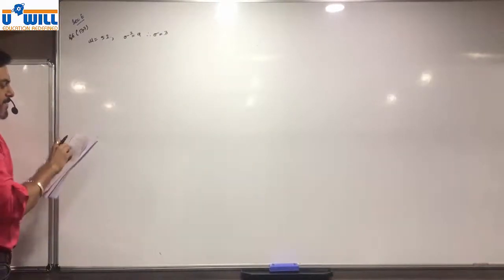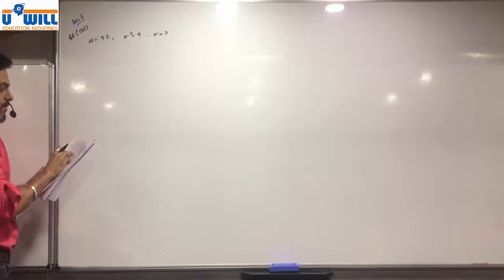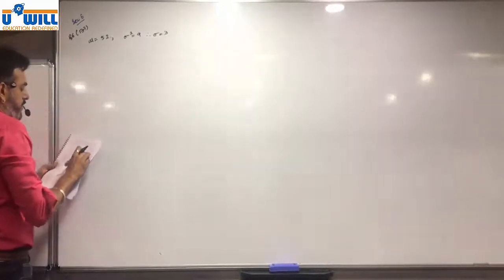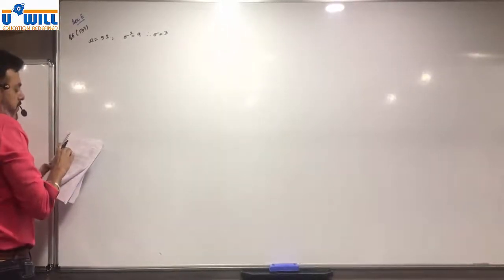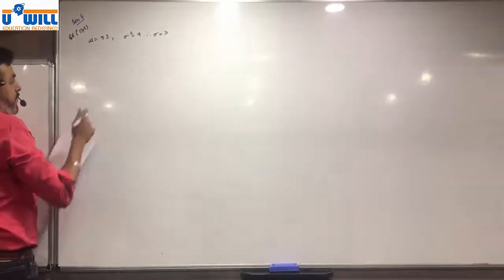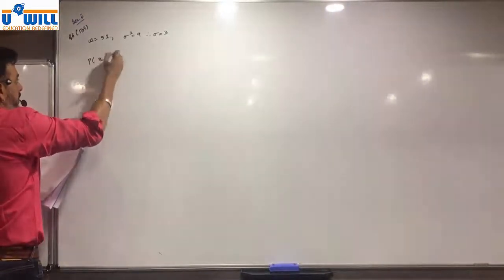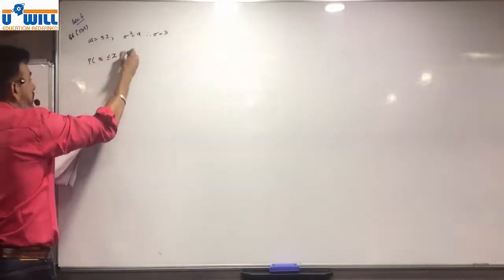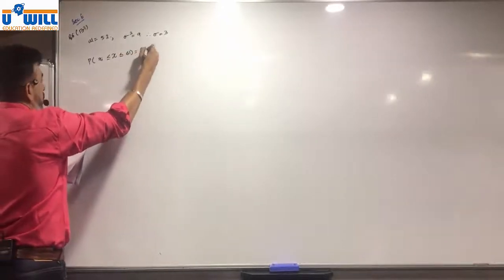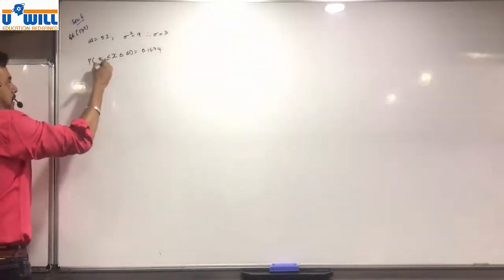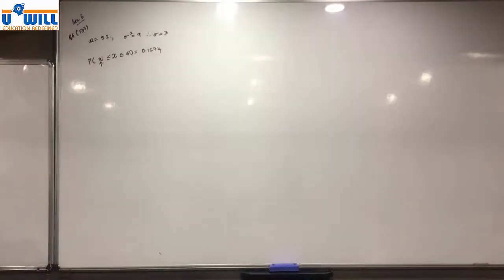The probability that the sale of electronic items during a week is from x1 units to 61 units is 0.1574. So probability of x greater than equal to x1, less than equal to 61 units is 0.1574. First we have to find the value of x1.